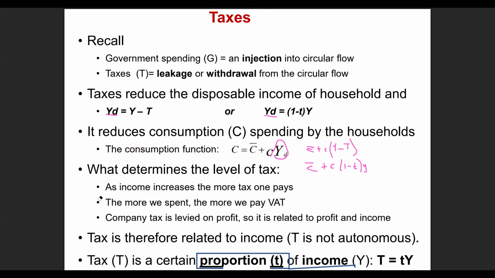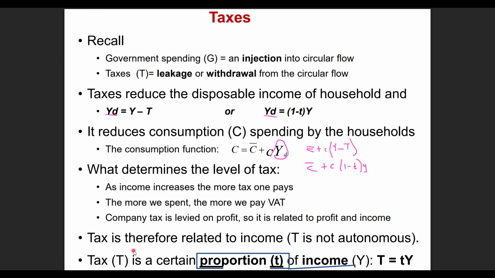So we can conclude that tax is related to income. Tax is not autonomous because it is related to income.